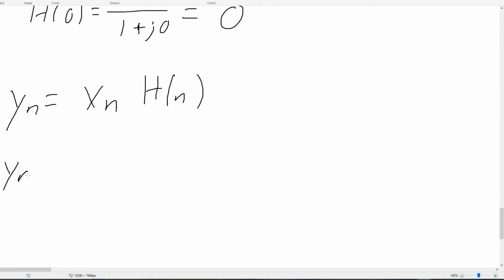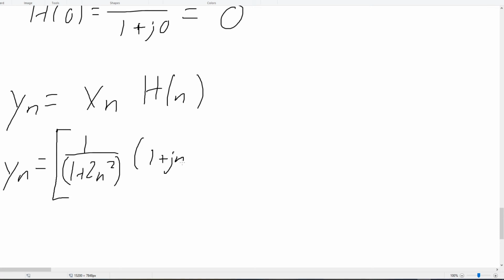So yn is equal to, in brackets, 1 over 1 plus 2n squared, times 1 plus jn, times hn, which is jn over 1 plus jn.